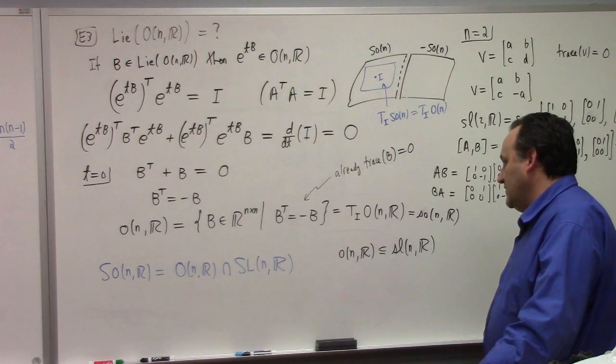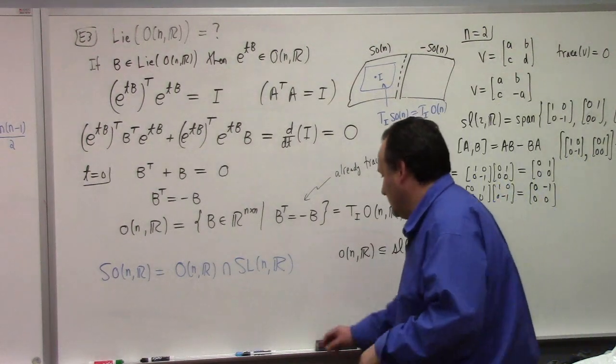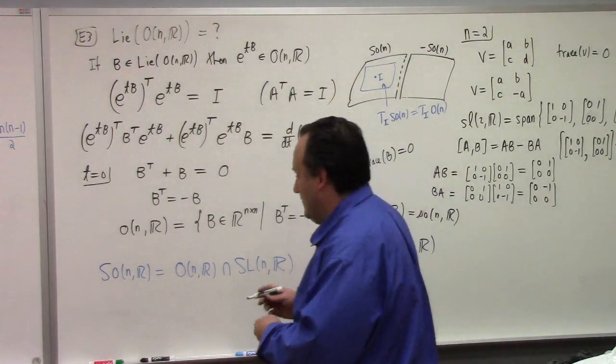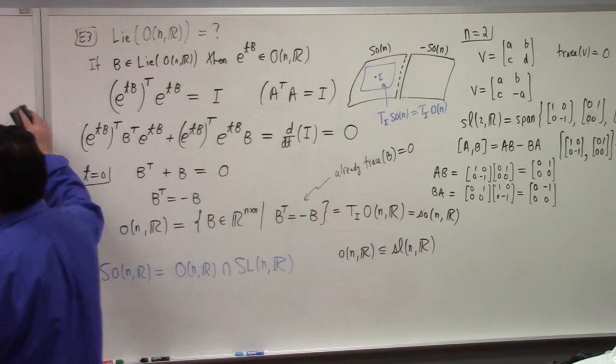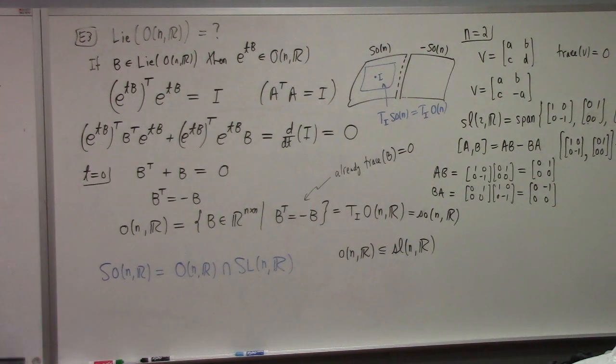Let's see here. So, look, what would happen with that GJ space? You can start to see through these calculations, right? What's the Lie algebra for that GJ space? So what was the defining condition? It was A transpose J A equal to J, right?